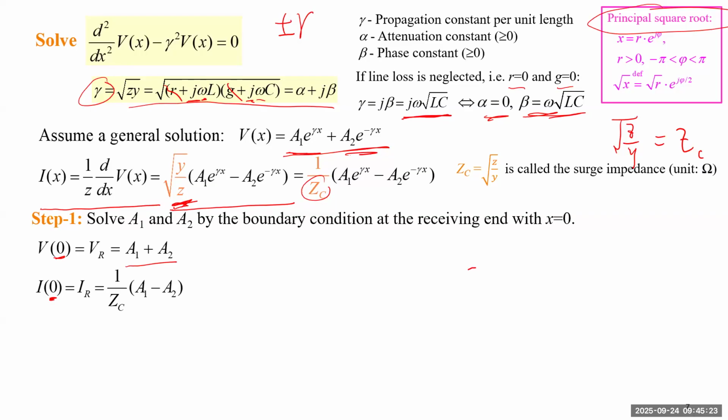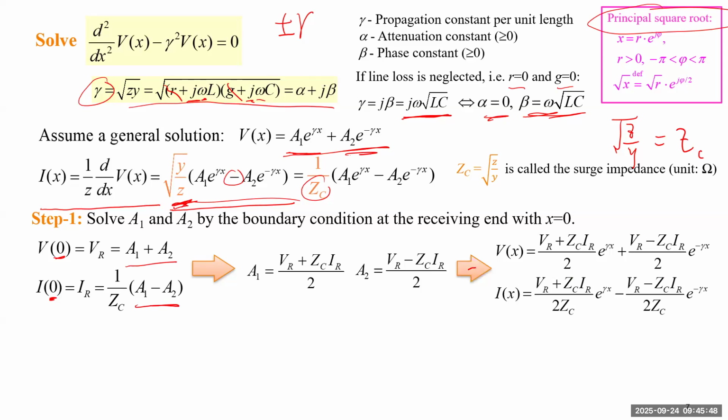And for the current equation, because there's a negative sign, it will become A1 minus A2 multiplied by the factor. Because V0 is VR and I0 is IR, we can immediately solve A1 and A2 by using the voltage and current at the receiving end.